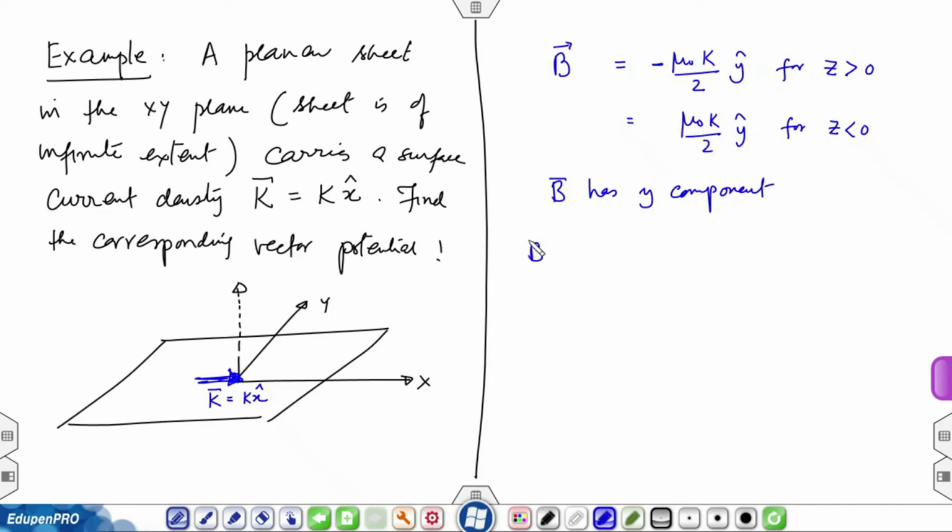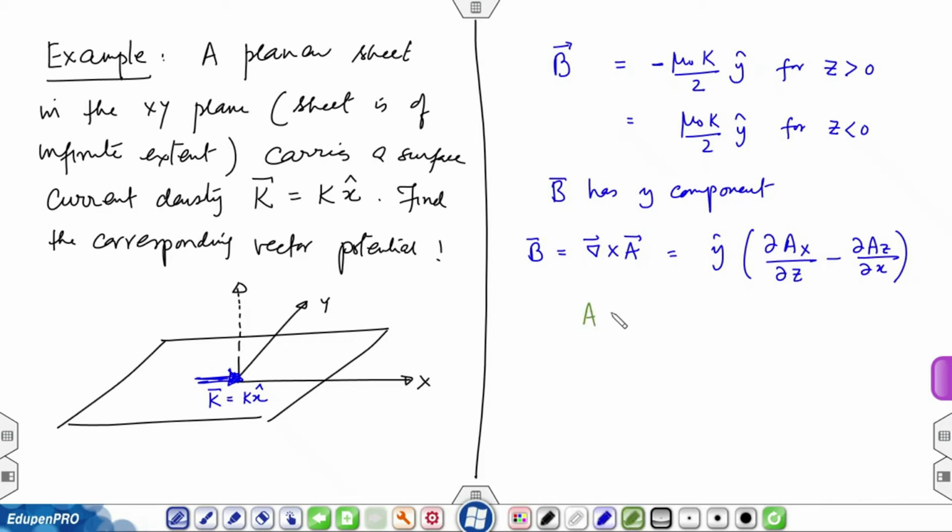And B, which is curl of A, is therefore going to be equal to the y component: partial A x over partial z minus partial A z over partial x. Now, I have freedom in choosing A x and A z. Let me make one particular choice.